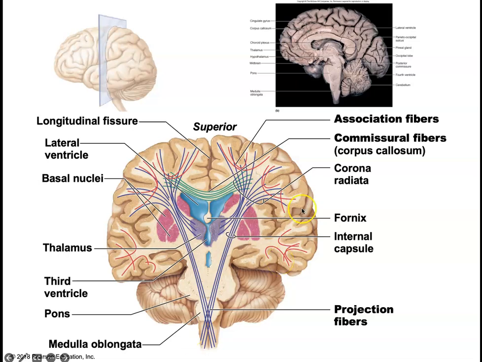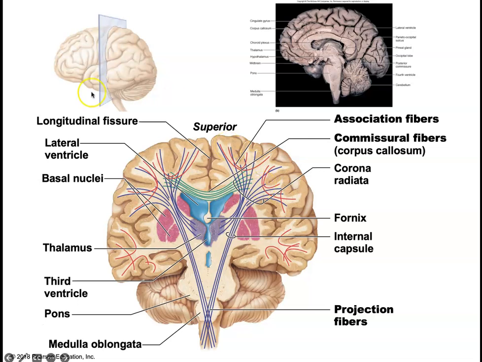So what you're seeing here is a diagram that just depicts what the fibers are. We're going to have what are called commissural fibers, which go from left to right, right to left. Then we're going to have what are called association fibers, which are only on one side. So they only communicate within one hemisphere. They stay on their own side. They only associate with their own side.